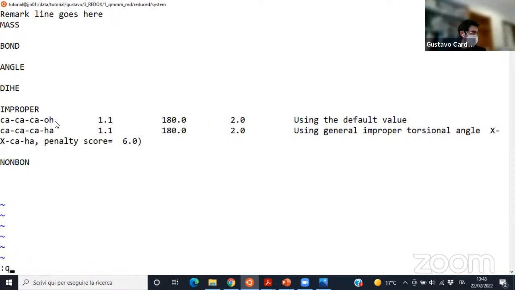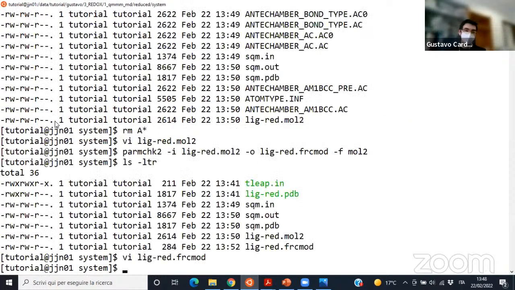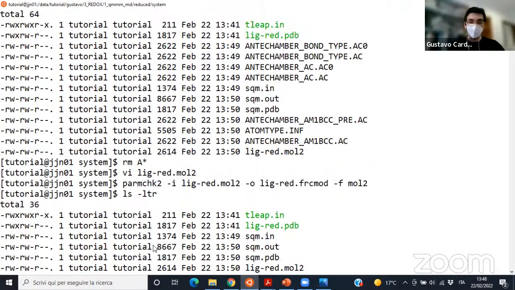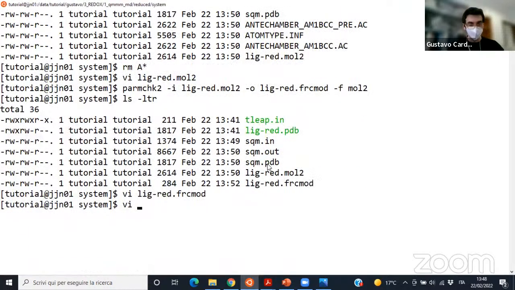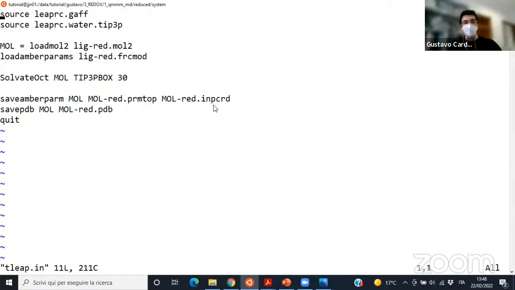Okay. So at this point, perhaps already now, we have all the ingredients to generate the topology and the coordinate files. So we're gonna use tLEaP. It doesn't have anything special.